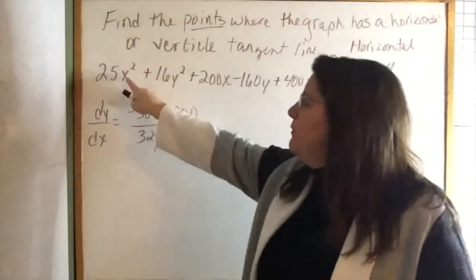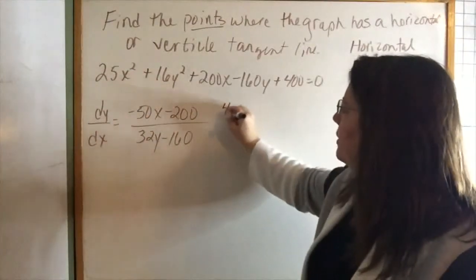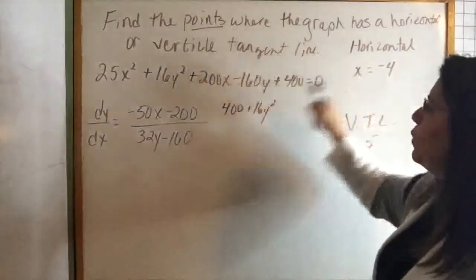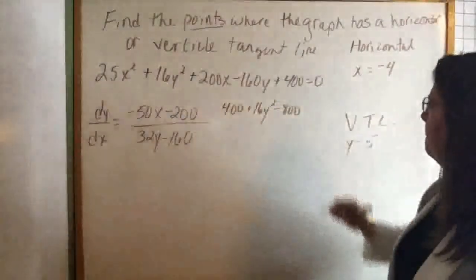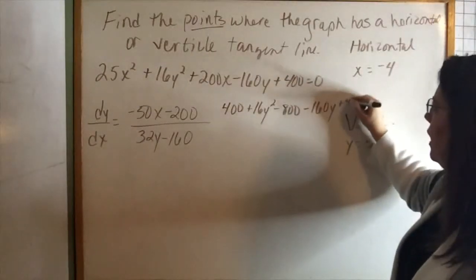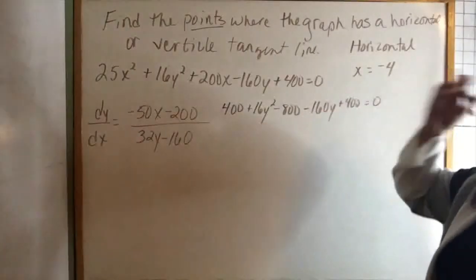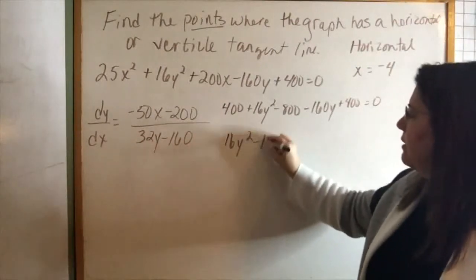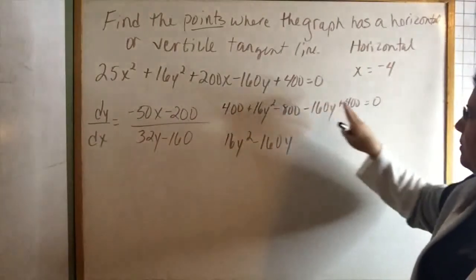So negative 4 squared is 16, and 16 times 25 is 400, plus 16y squared. Negative 4 times 200 is negative 800, minus 160y plus 400 equals 0. If I solve this for y, I have 16y squared minus 160y. 400 minus 800 is negative 400, plus 400 is 0.